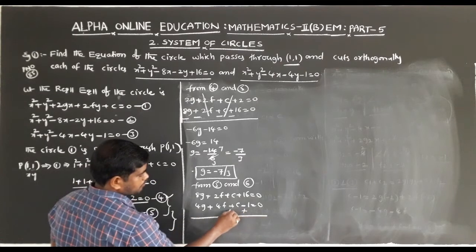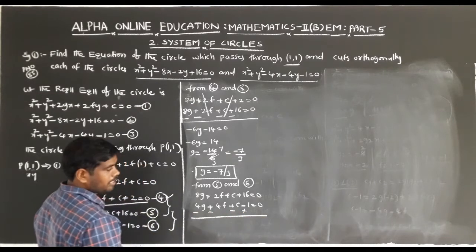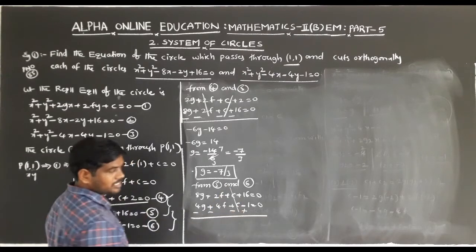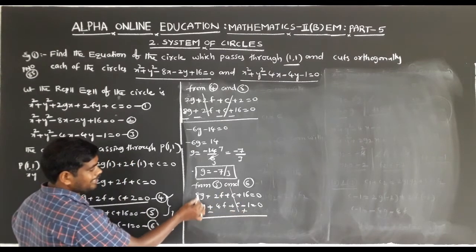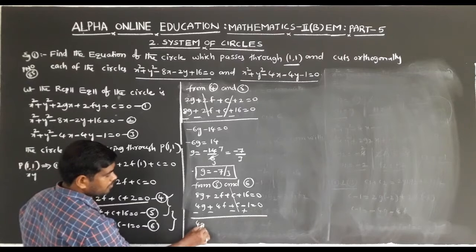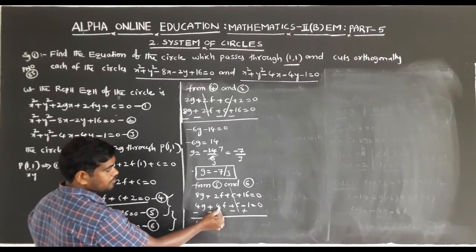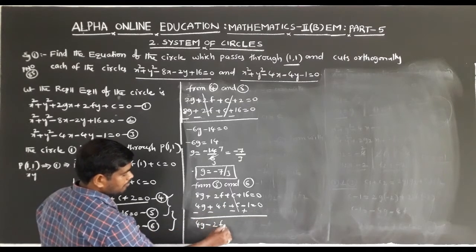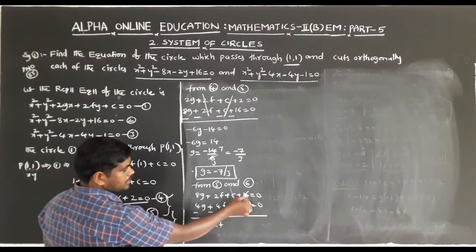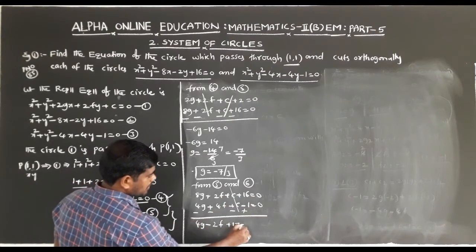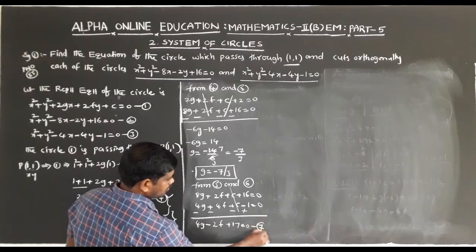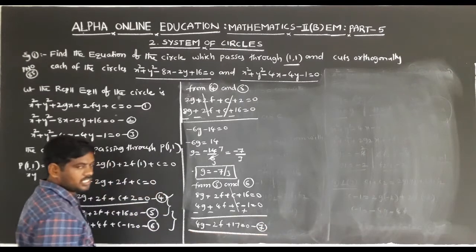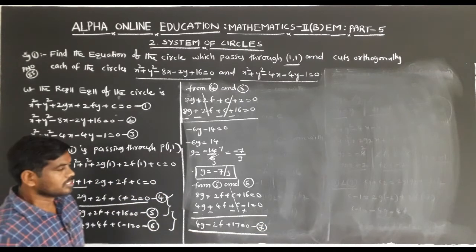Subtracting, c minus c gets cancelled. 8g minus 4g, 2f minus 4f, plus 16 plus 1, is 17, is equal to 0. This is the condition number 7.